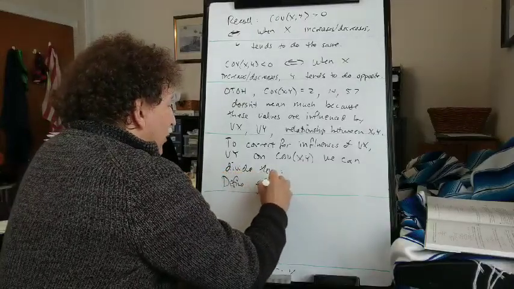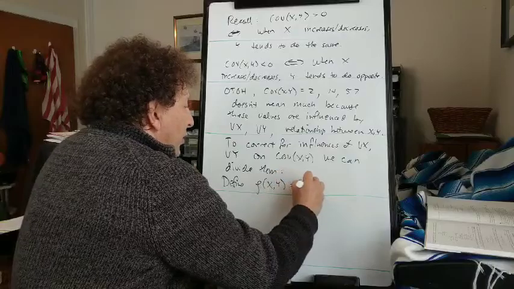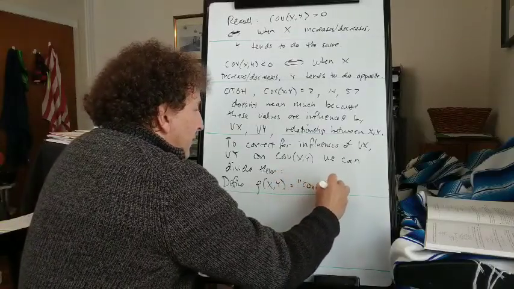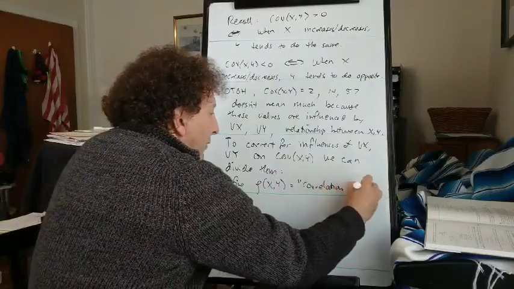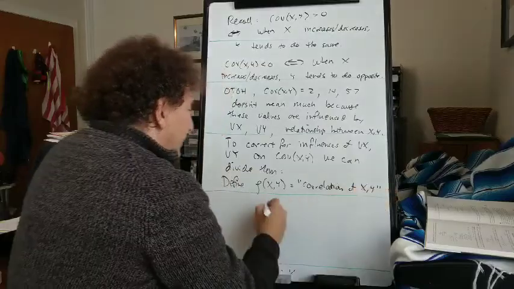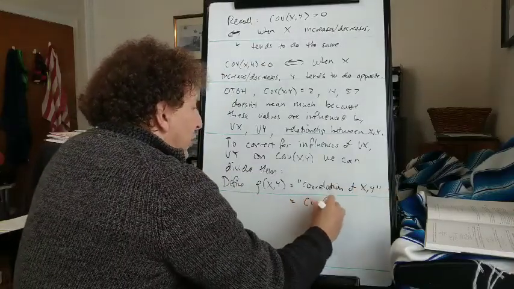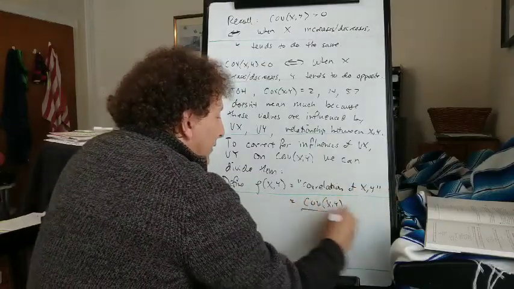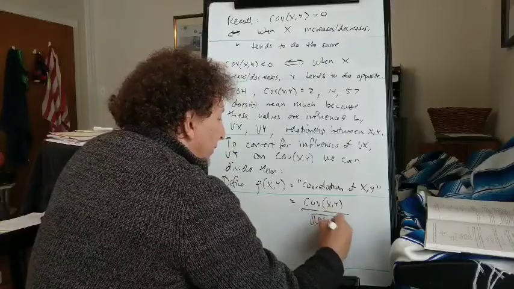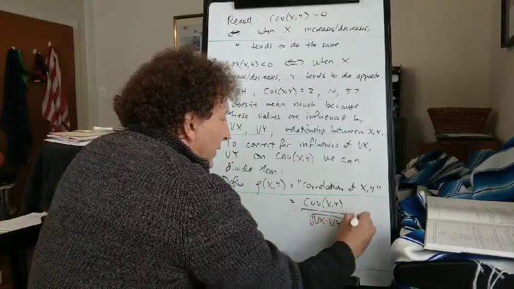So we define rho of x and y, which we call the correlation of x and y, to be the covariance of x and y divided by the square root of variance of x times variance of y.